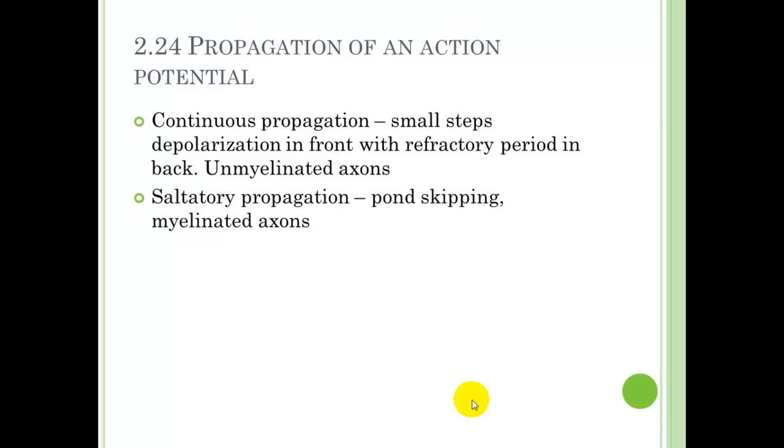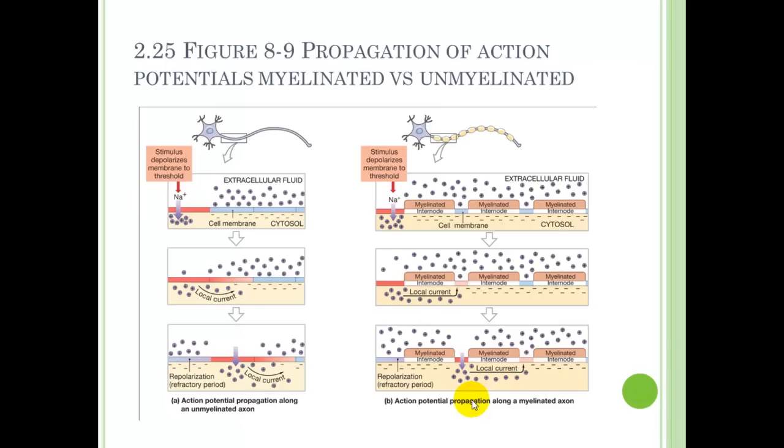Propagation of an action potential continued here. We have continuous propagation, and these are small steps, depolarization in front with a refractory period in the back. And this may occur in unmyelinated axons. And then we have a saltatory propagation, and this would be pond skipping on myelinated axons. The pond skipping version is going to be quicker and more efficient.